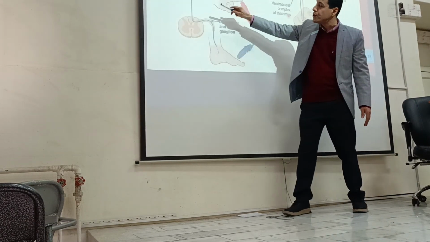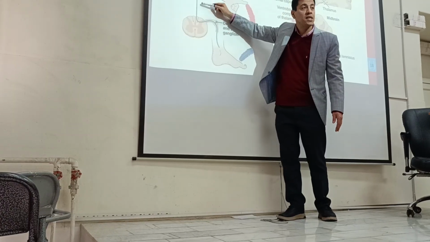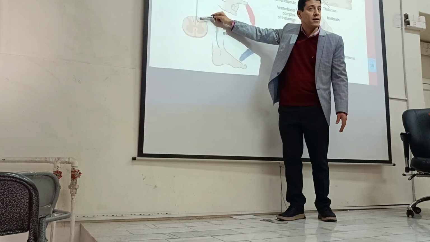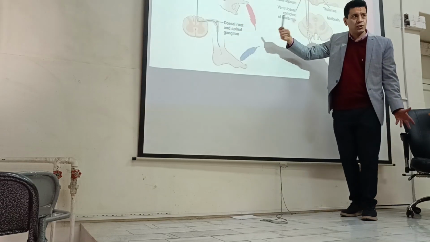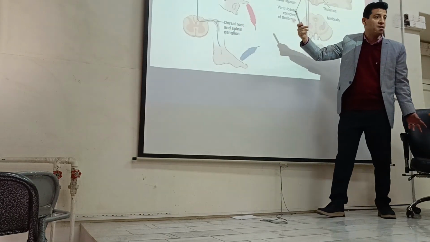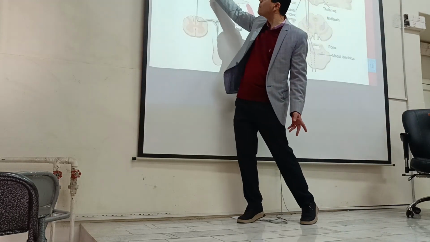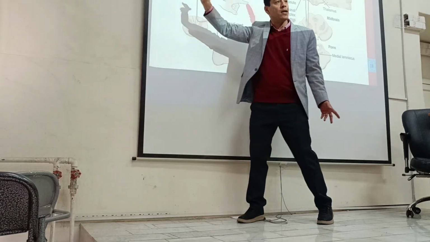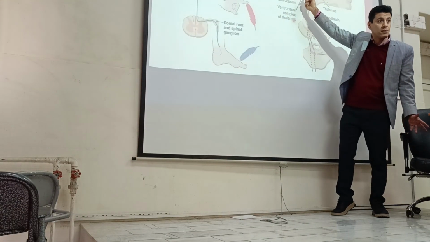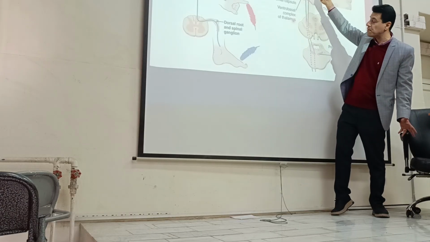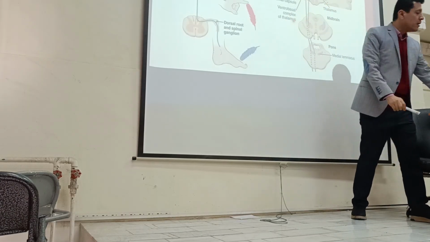You should know which fasciculus contains which fiber. You should know the location where we have the cross, and you should know where they go in the cortex. Actually, I will talk about this more in other slides.